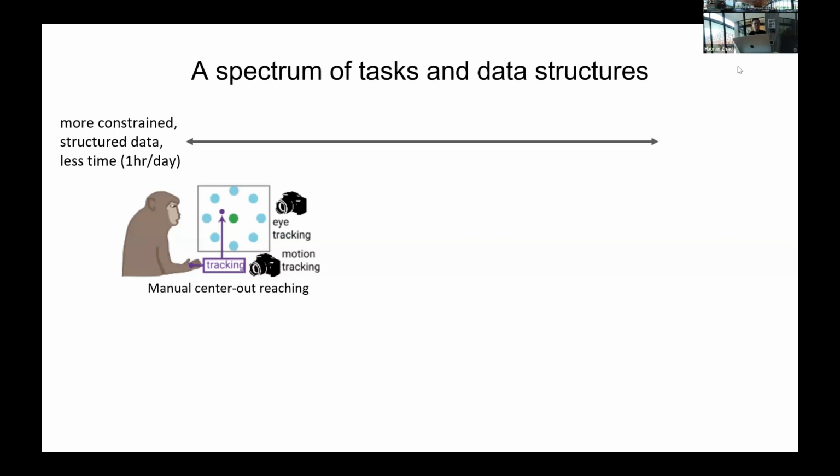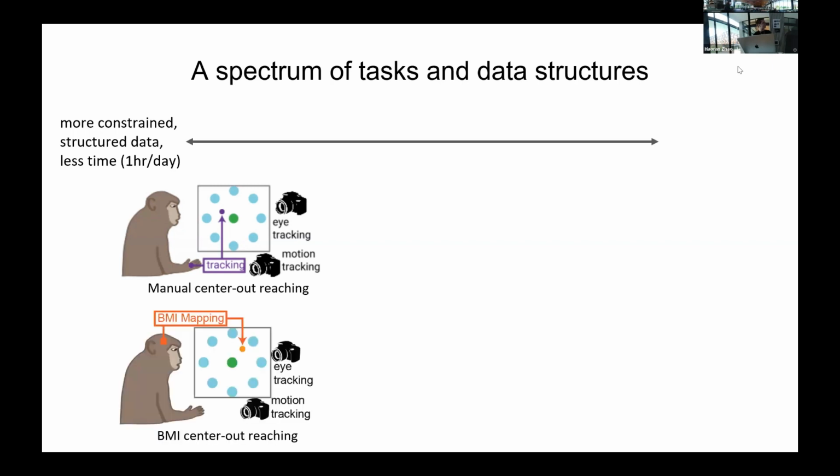With different types of recordings in our lab, we have five monkeys, and they're engaged in different tasks. This is a spectrum of tasks and data structures that we have in our lab. On the left-hand side of the spectrum, we have the more constrained lab environment, where the monkey is engaging in a center-out reaching task. Because they're constrained in a lab, we can record many different types of behavior data, for example, eye tracking and motion tracking information.